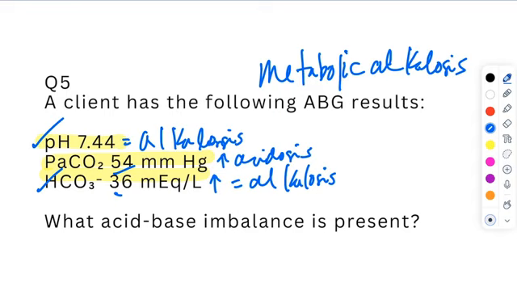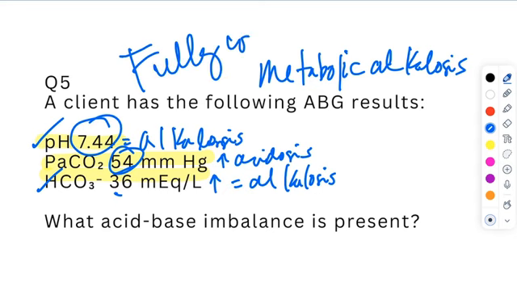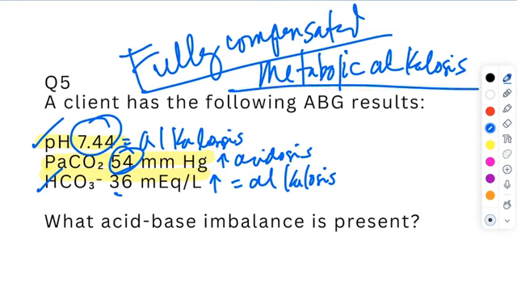Now, the fact that this PaCO₂ is going up and the pH is actually within the normal range, we're going to have what we call fully compensated metabolic alkalosis for ABG number 5.